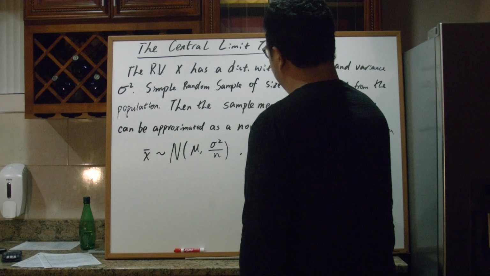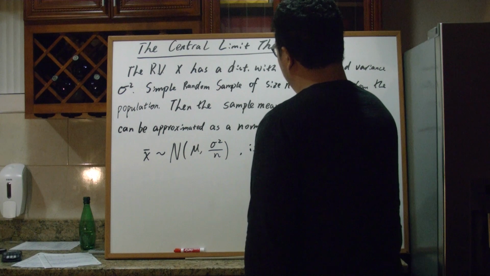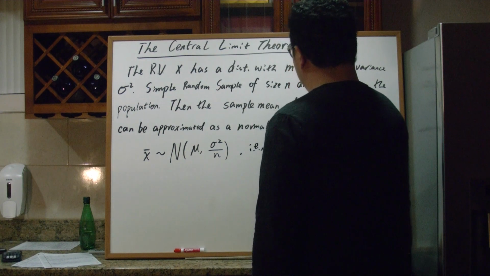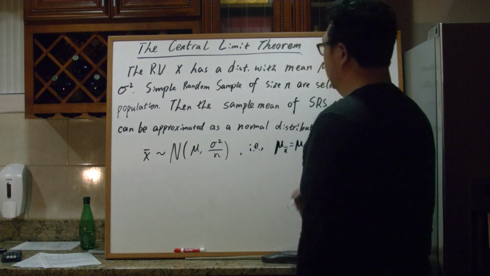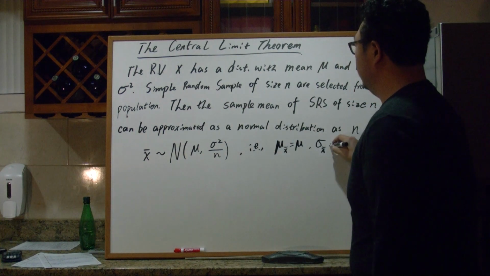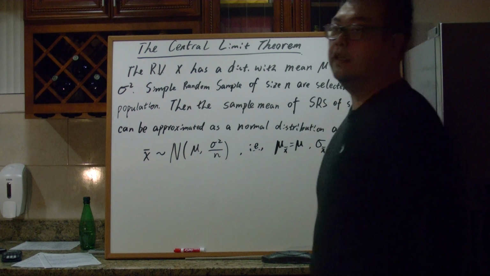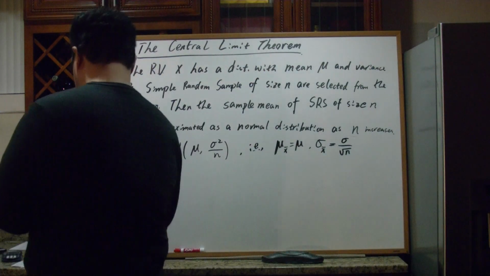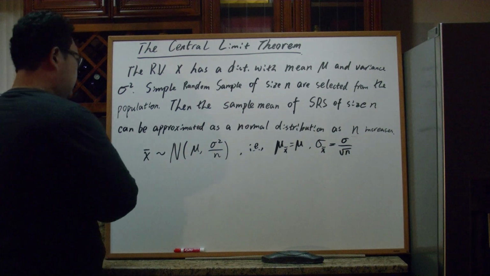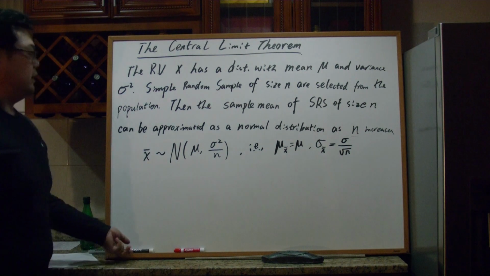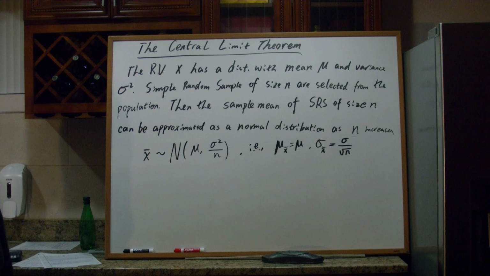the mean of the sample mean is equal to mu, and the standard deviation of the sample mean, taking the square root of that, is the standard deviation of the original over the square root of n. That is what the central limit theorem states.